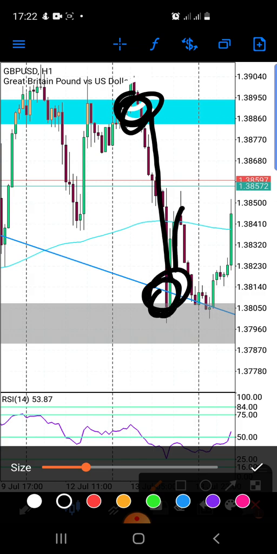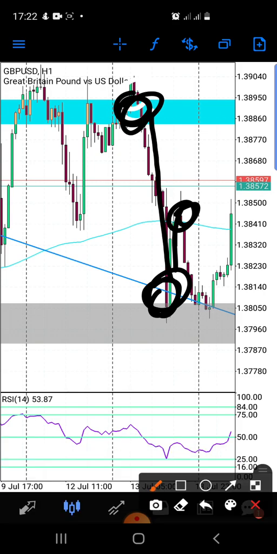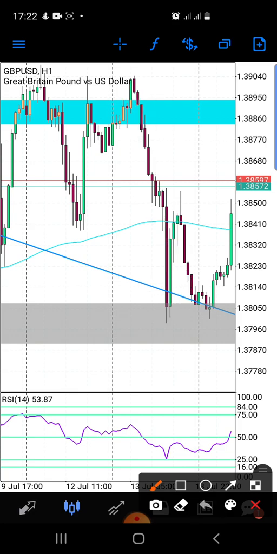Buyers stepped back in, they tried to push the price up to this point, but still it went to the downside. Okay, so when the sellers are in the market, they hope the market goes down. When the buyers are in the market, they hope the market goes up. That's how I can simplify forex trading. There are a lot of things that you would need to know, but this is more of a basic understanding of what forex is.